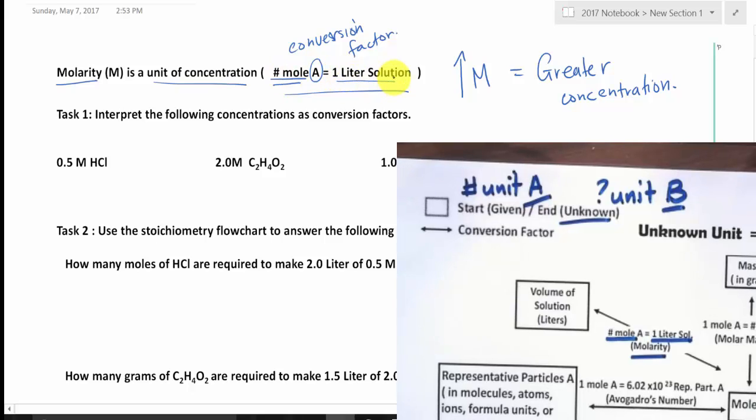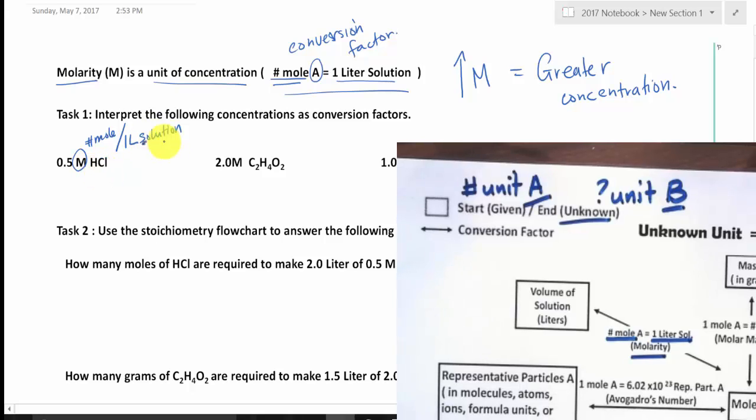So let's do some example problems. Interpret the following concentrations as conversion factors. So I have 0.5 molarity of HCl. How would I express it as a conversion factor? Think of molarity again as equal to the number of mole divided by 1 liter. What is the liter of? It's the liter of the solution, which includes HCl and water.